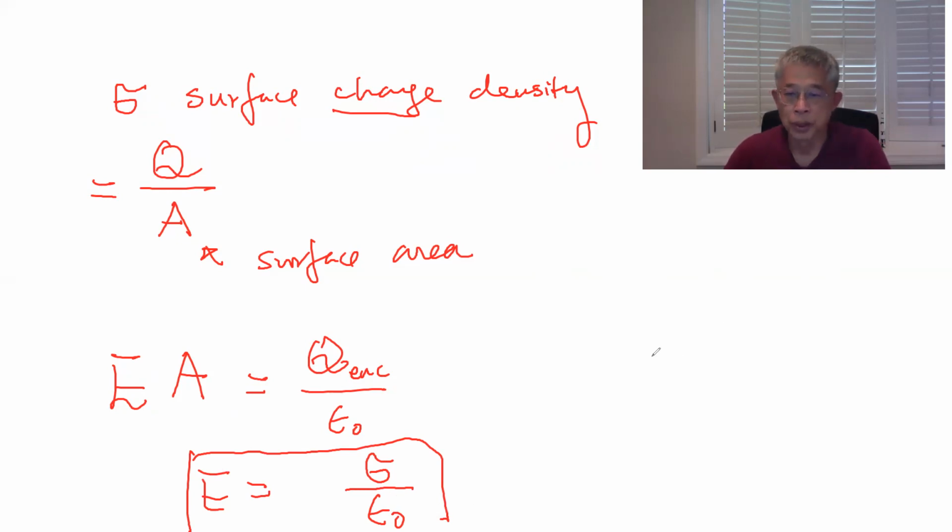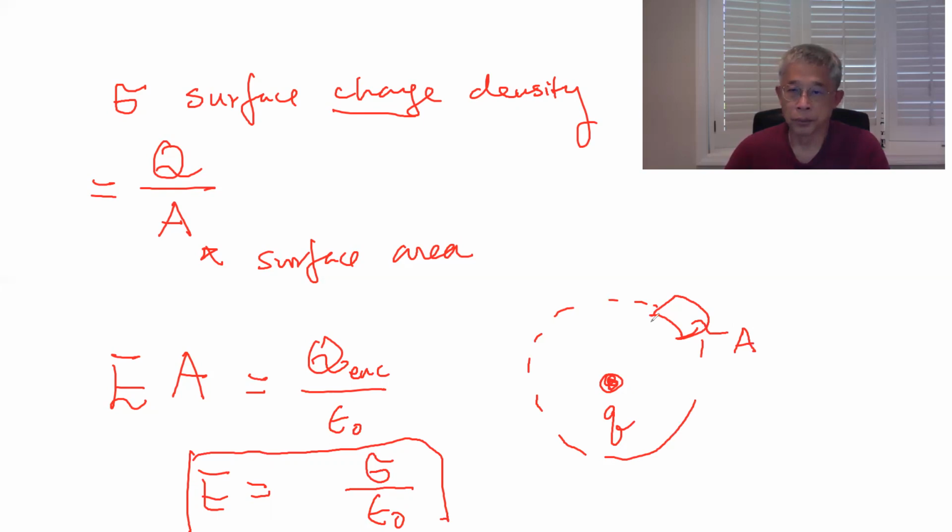So if you want to apply this, this is actually quite general. If you know your surface density of the charge at a certain area, let's say you have a charge right there, Q, in some of this area right there. So if you know the A, and you know this is the charge, so this is enclosed by it.